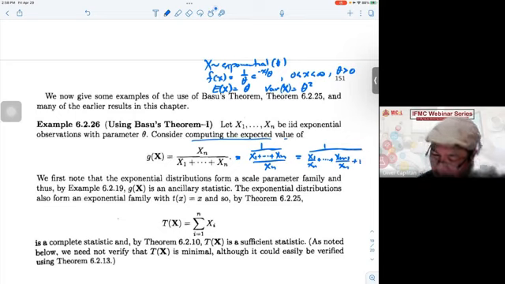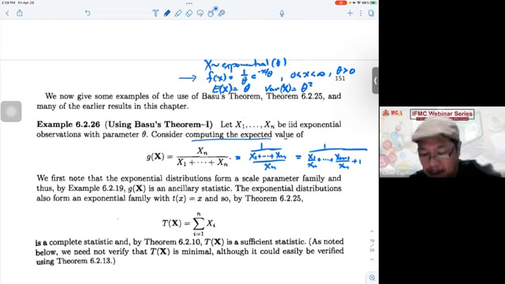Ayan. Diba yung sabi natin kanina, yung example natin before. First, note that the exponential distribution forms a scale parameter family. Okay, based on this, it formed a scale parameter family. And we have this in our example.